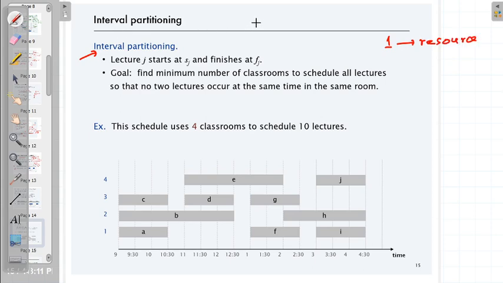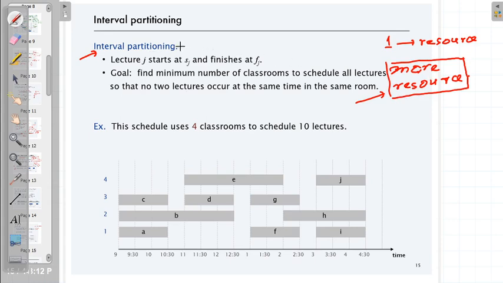In interval partitioning, we will be having more than one resource, or as many resources as you want. So what could be the scheduling problems addressed by the interval partitioning algorithm, we can take in the next class.